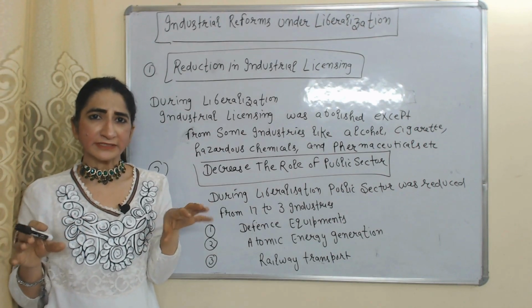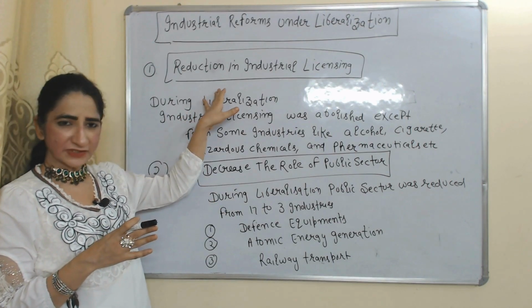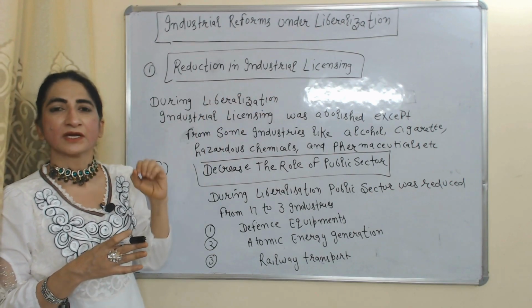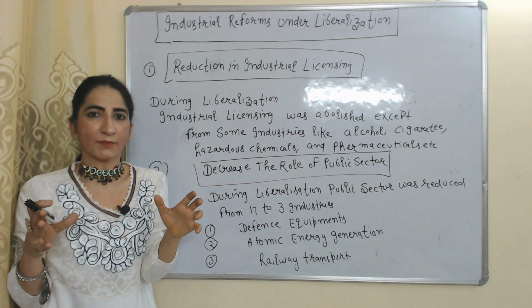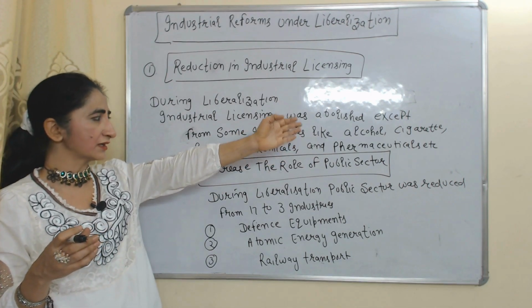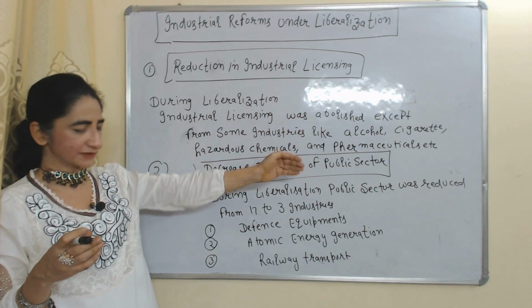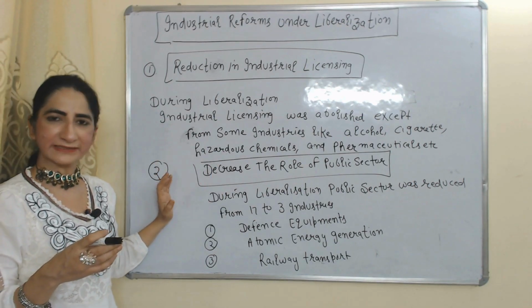First of all, we will see industrial reforms under liberalization. The first industrial reform is reduction in industrial licensing. During liberalization, industrial licensing was abolished except for some industries like alcohol, cigarettes, hazardous chemicals and pharmaceuticals. The second industrial reform is decreasing the role of the public sector.